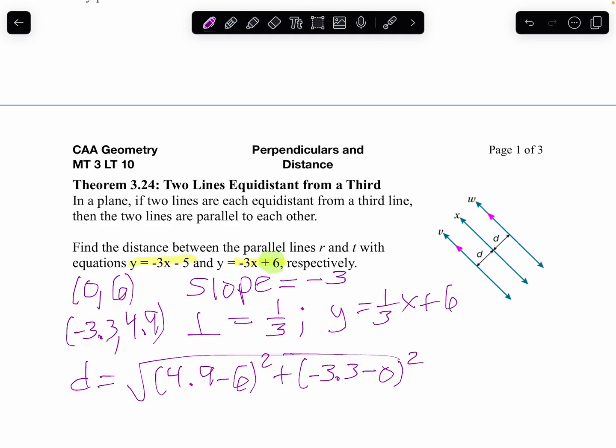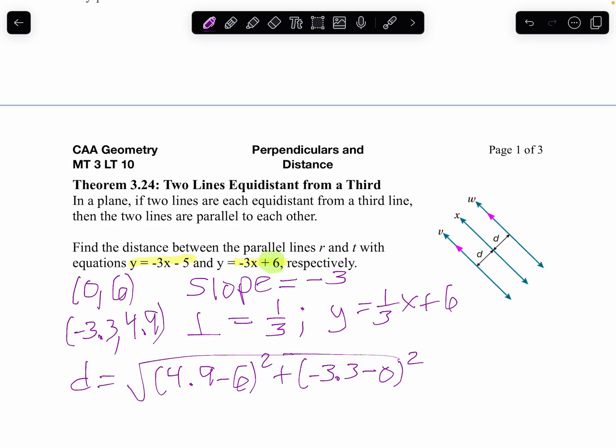Because of the 0. We're going to save ourselves a little bit of work. So 4.9 minus 6 is negative 1.1 squared.